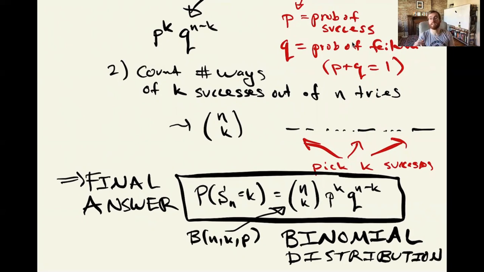And what it effectively tells you is the probability of each possibility for K ranging between 0 and N.